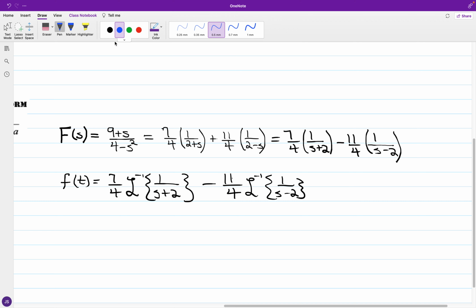And if you notice, with 1 over s plus 2, this will be 1 over s minus negative 2.